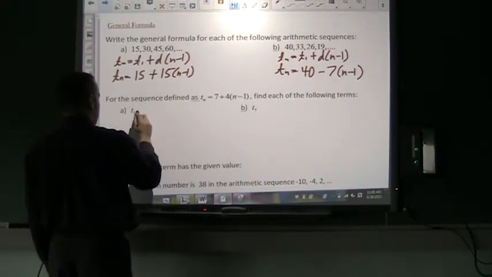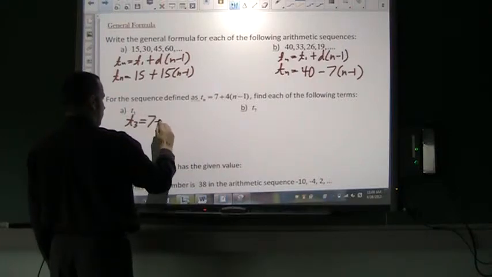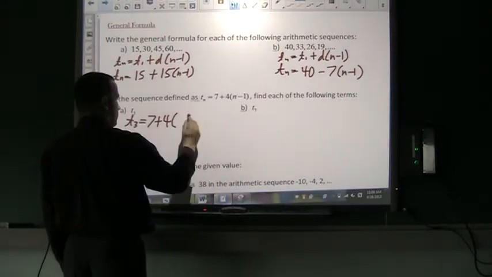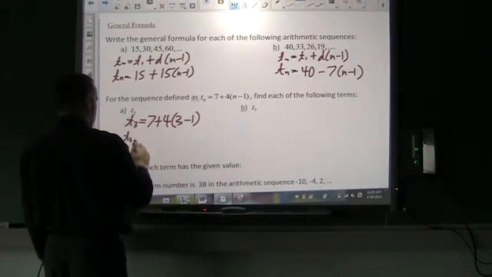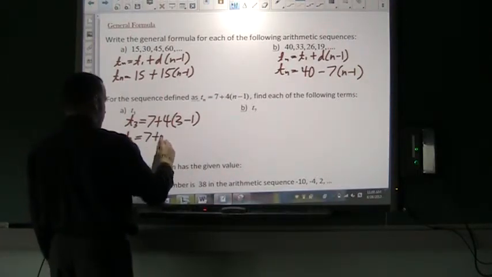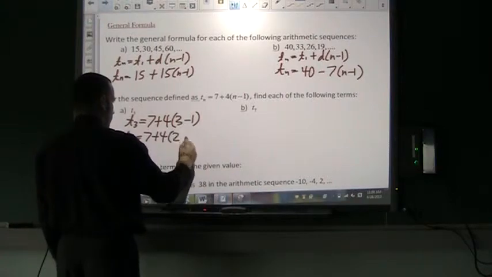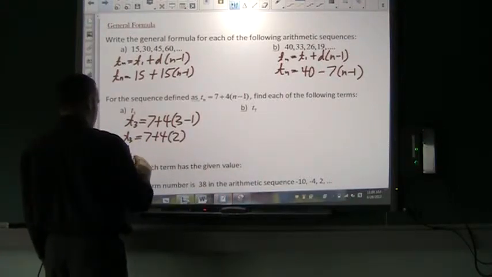So then T3 is equal to 7 plus 4, and I'm replacing the n with 3. So I get T3 is equal to 7 plus 4 times 2. So my third term has a value of 15.